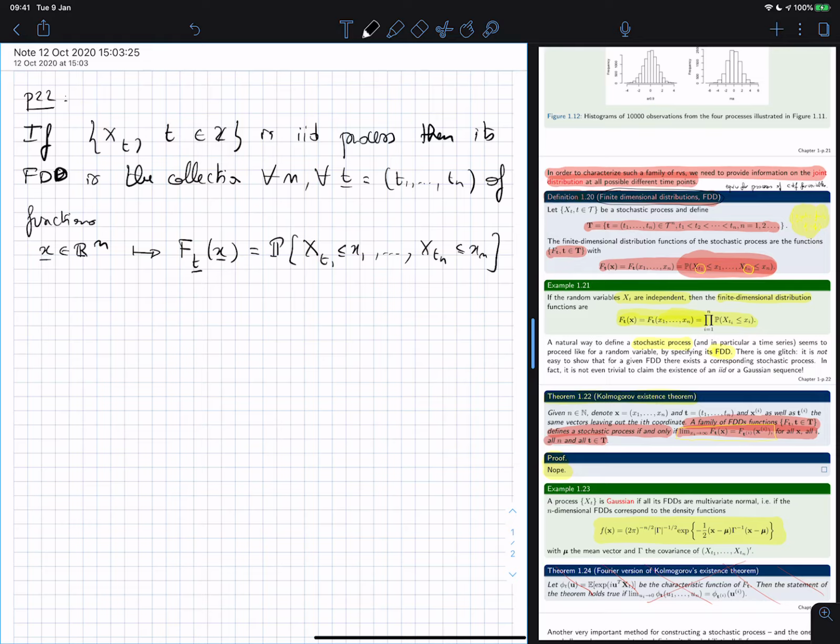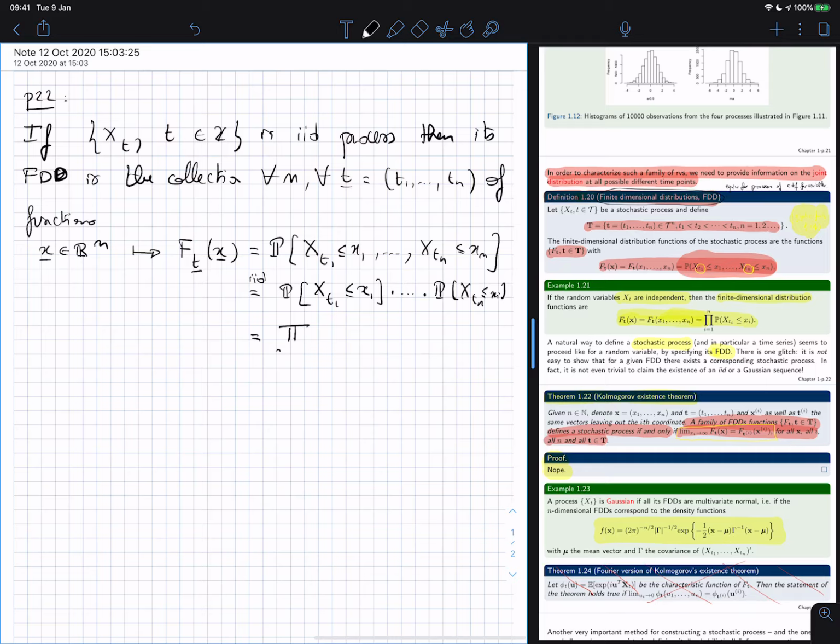But because we have IID-ness of the random variables, this is just equal to P of X_t1 less than x1, multiplied by the same for the others.